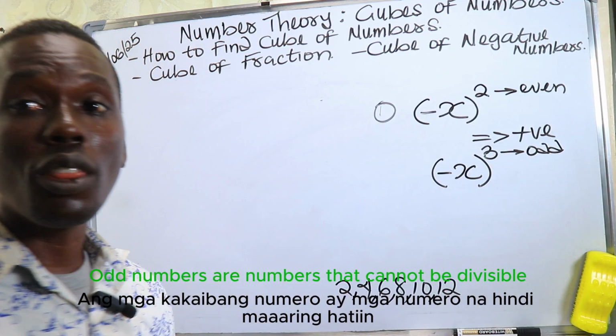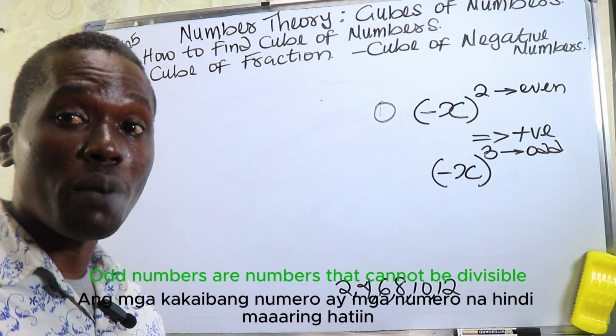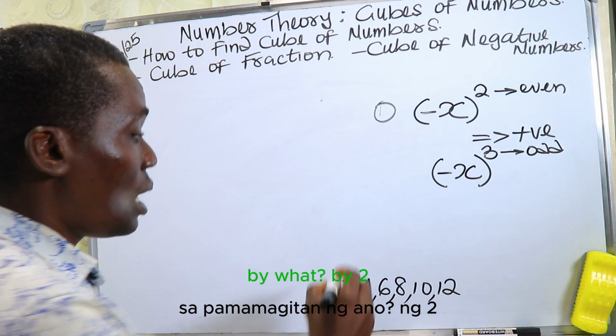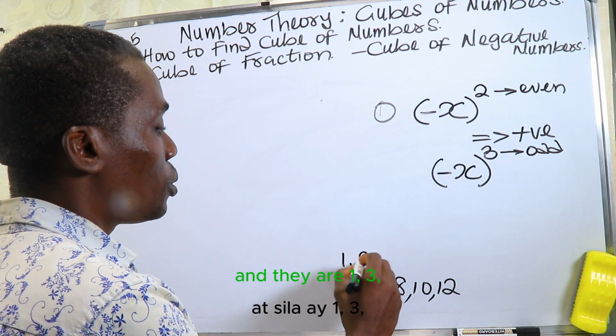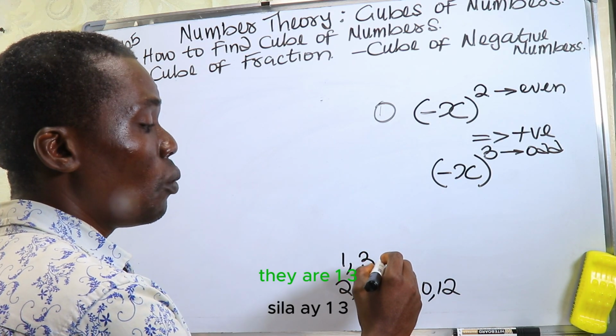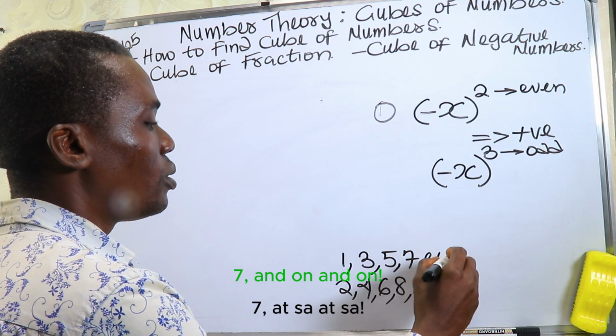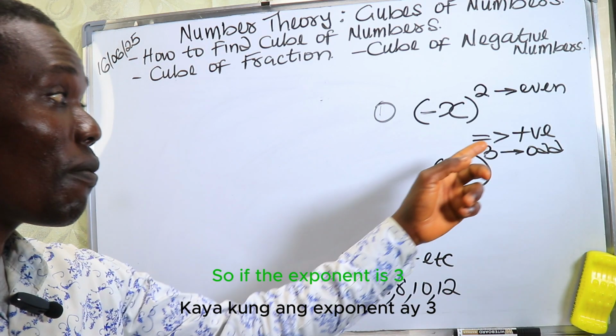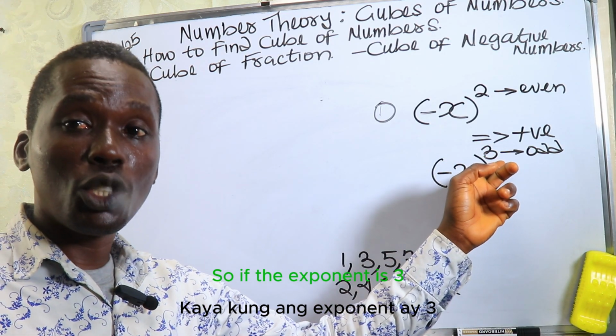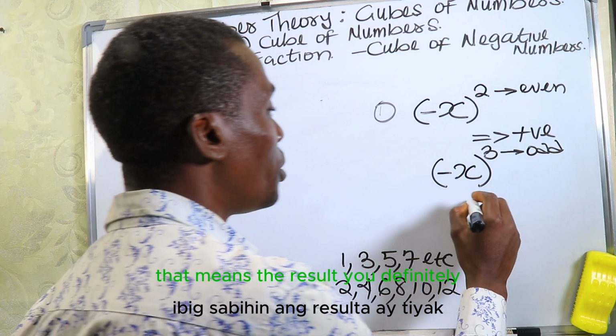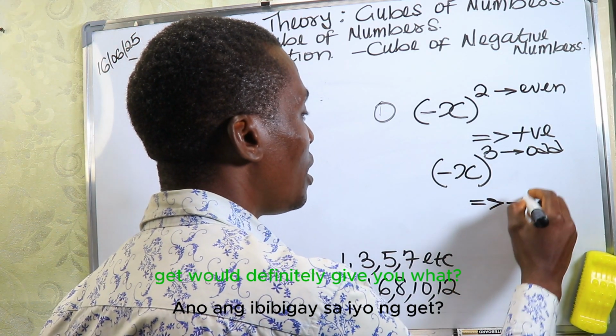Odd numbers are numbers that cannot be divisible by what? By 2. And they are 1, 3, 5, 7, and on and on.